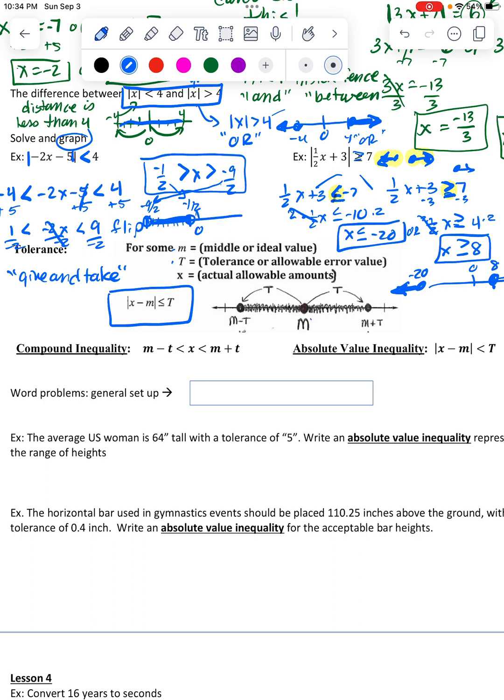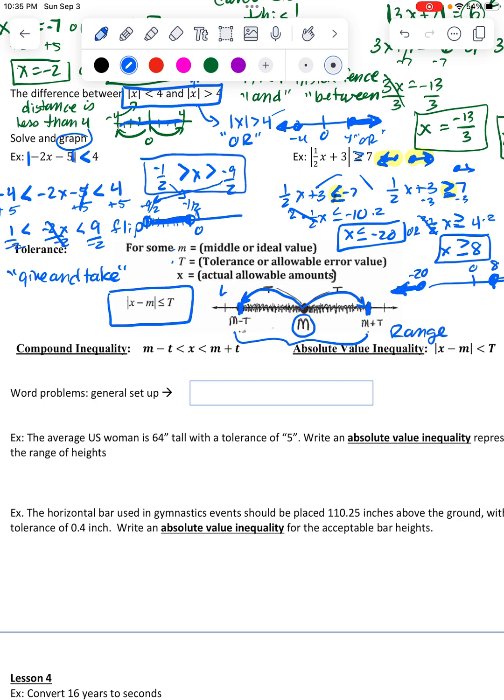So this is showing you, if this is my middle mark, my normal, my expected number, my average, whatever your tolerance is, that's telling you how far you can go each way. Think of it like what you tolerate, what you can take. And then you're going to go up here and down here. How far you end up, that spread when it's all said and done, is called your range of values.